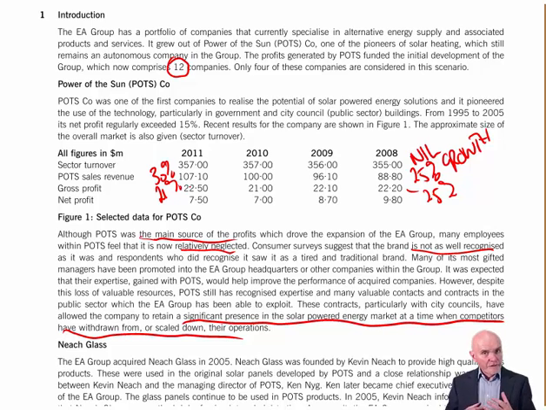And really the first bit of requirement A wants you to do is to comment on performance. So I would say something like that the overall sector for solar panels is pretty static. However, this company of ours has managed to grow its market share from 25% to 30%.